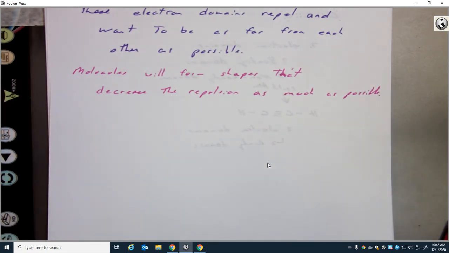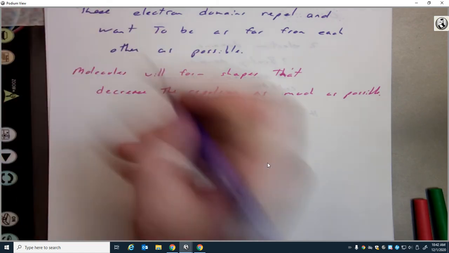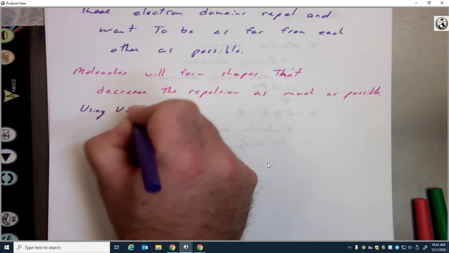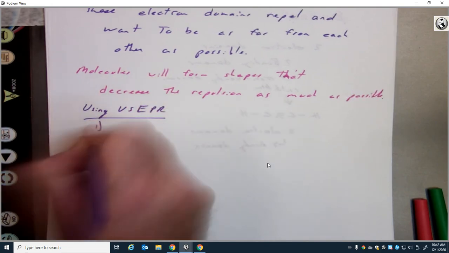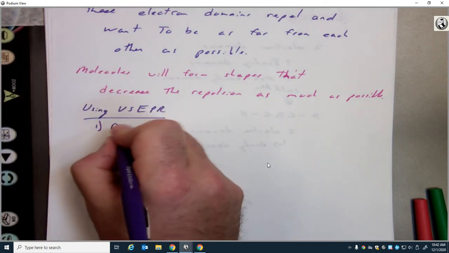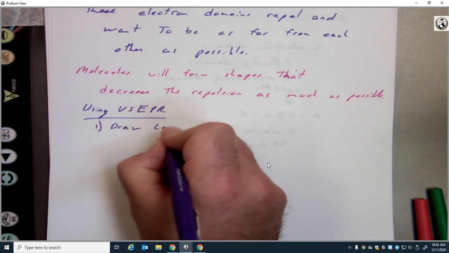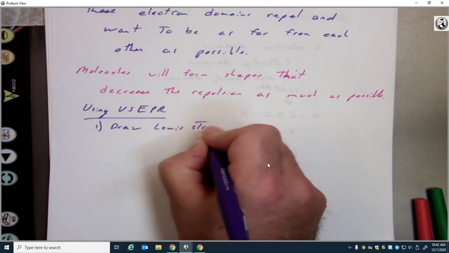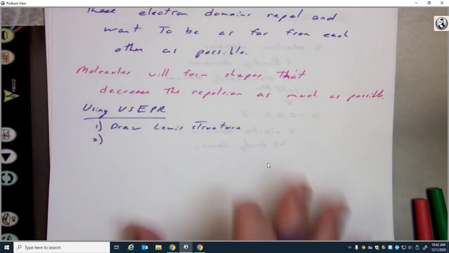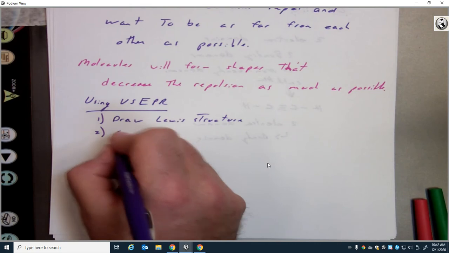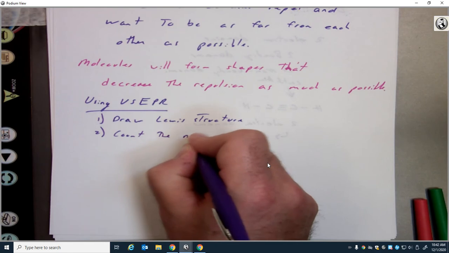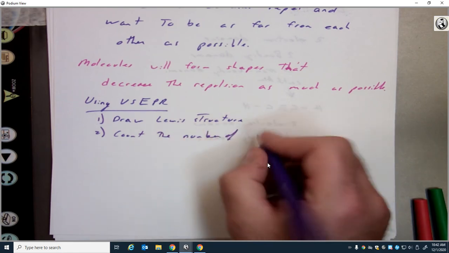Okay, so how do we actually use VSEPR? First thing you really need to do is draw your Lewis structure. Next thing you're going to do is count the number of electron domains.